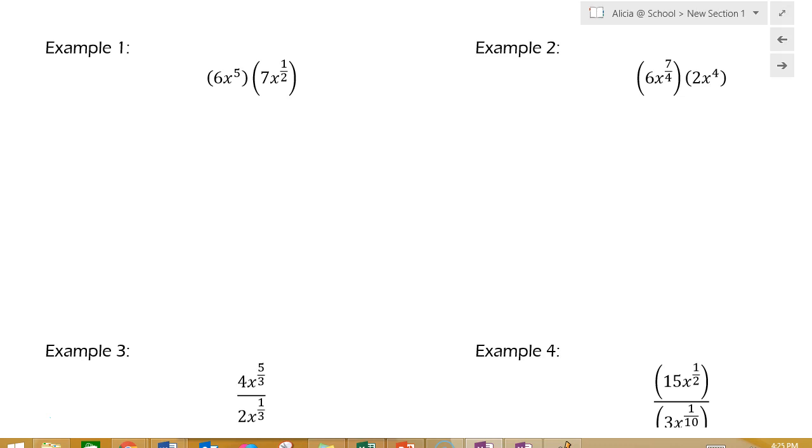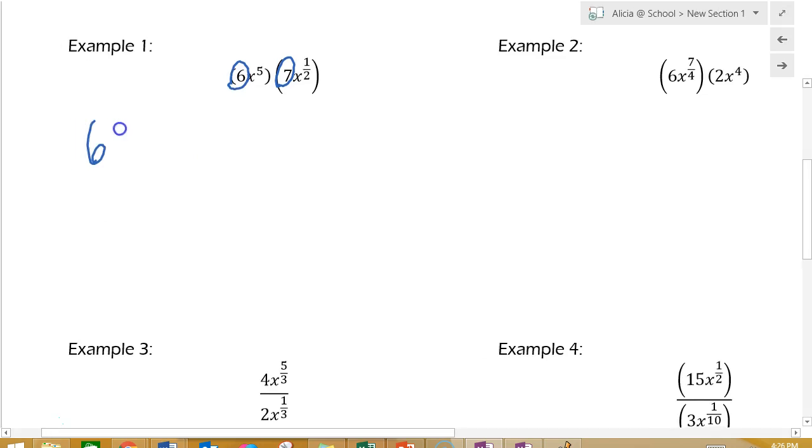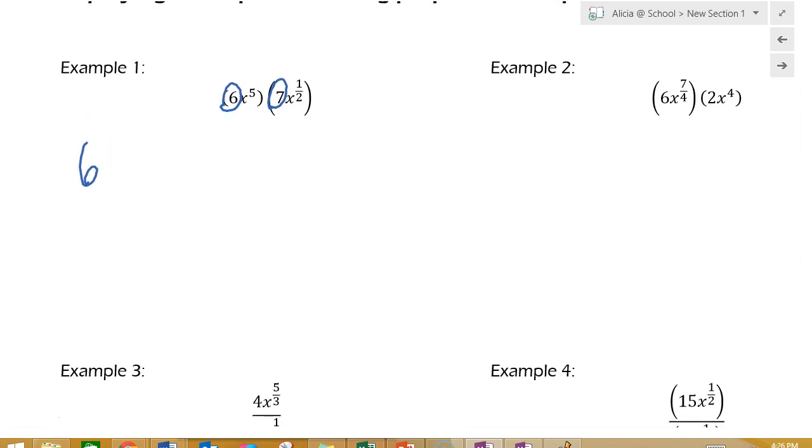So looking at our first example, we have 6x to the fifth times 7x to the 1/2 power. The first thing that we're going to do is take out those coefficients and bring those out to the front. So I'm going to have 6. Don't forget we're multiplying all these terms here, so we're going to times 7.